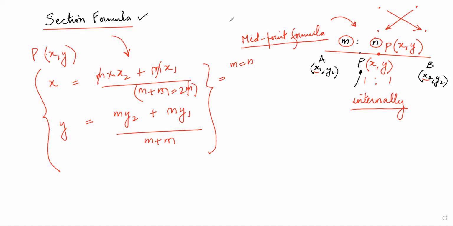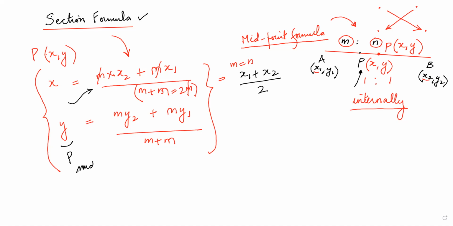It will become, this formula will be reduced to, can anyone tell? M is cancelled. So this abscissa of the center point will be, can anyone tell? x1 plus x2 divided by 2. Very simple. Similarly, the ordinate of point P, that is the midpoint.